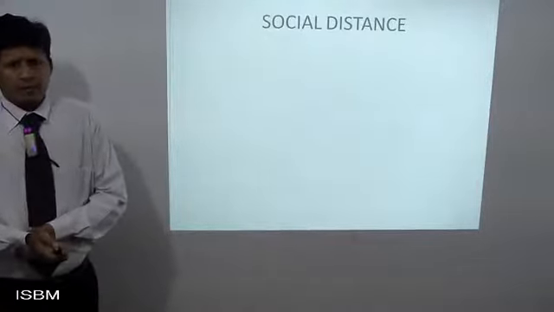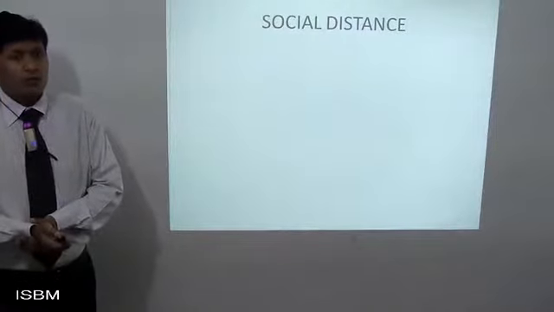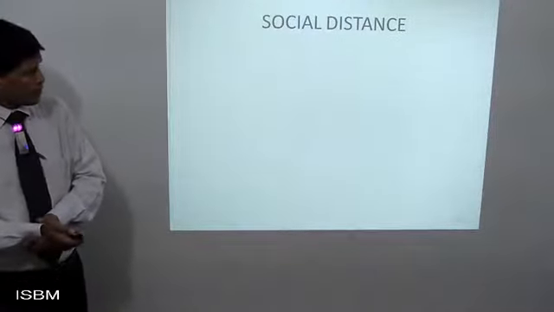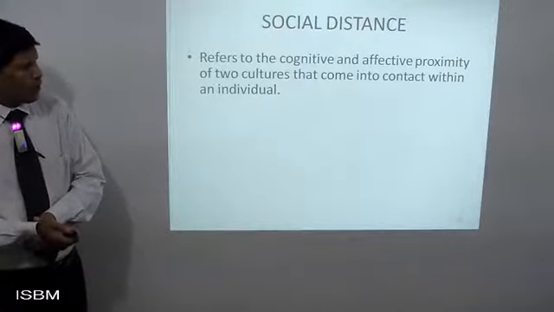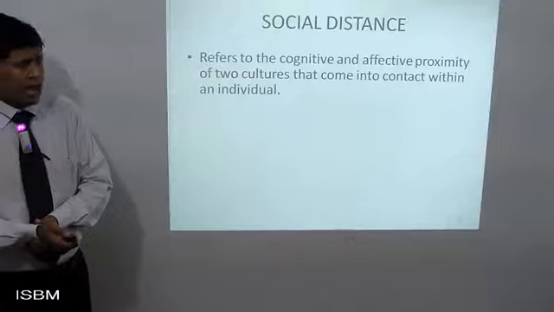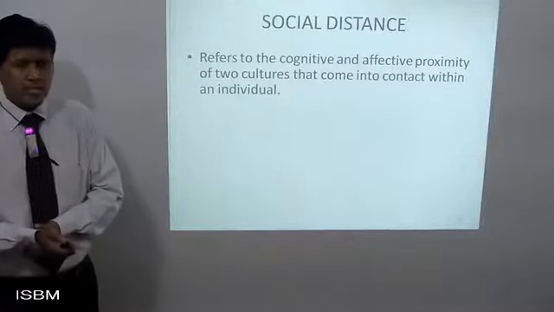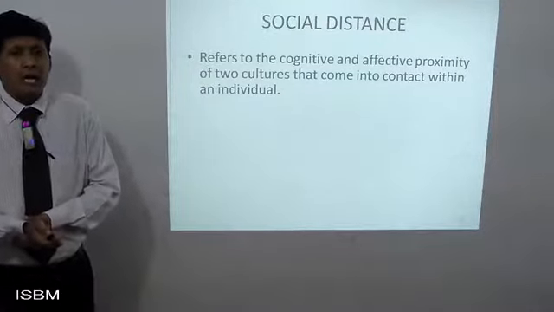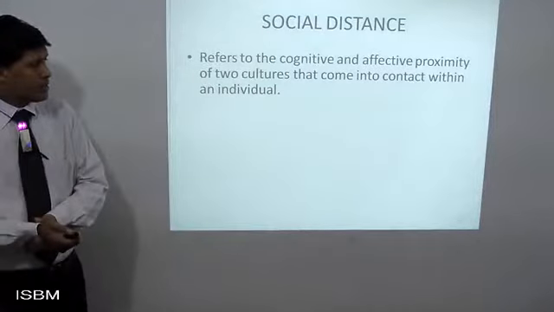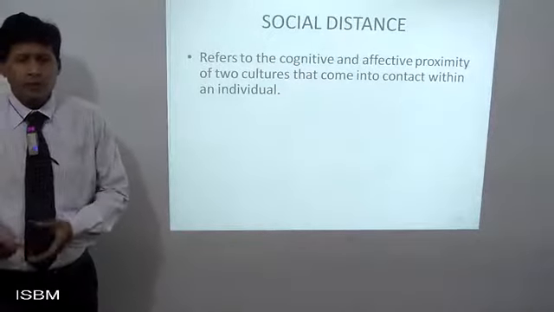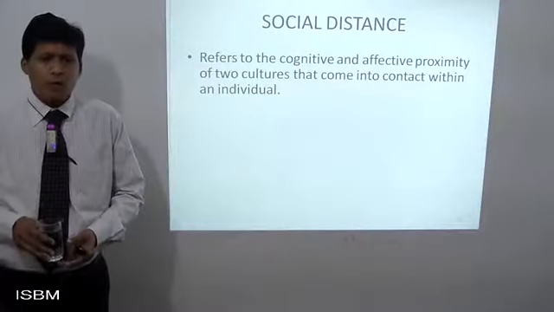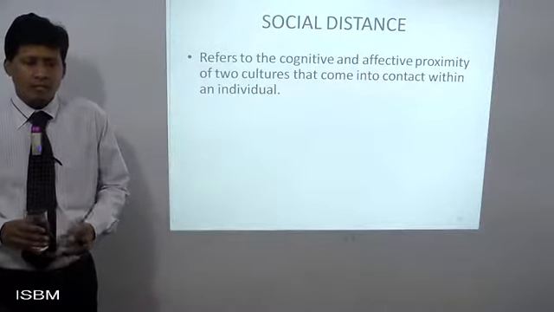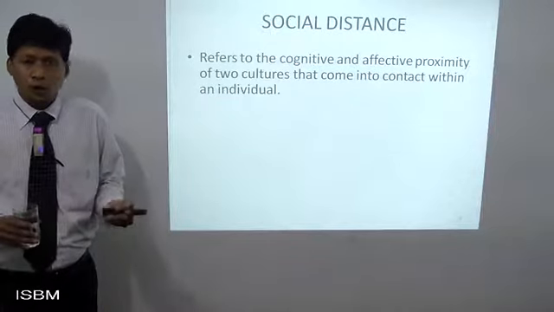The other aspect of culture is social distance. Now what is social distance? It refers to the cognitive and affective proximity of two cultures that come into contact within an individual. Now we know that we are living in an environment where companies have gone global.